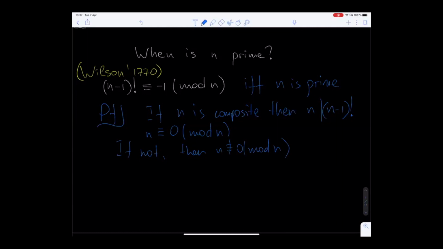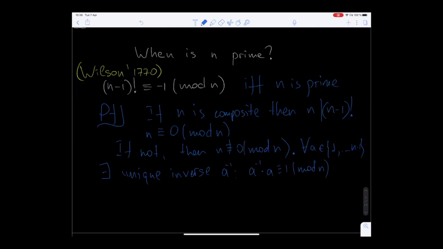If n is prime, then for every number a from 1 to n-1 there is a unique inverse a^-1 such that a^-1 times a is congruent to 1 mod n. We simply split all the numbers into themselves and their inverses.